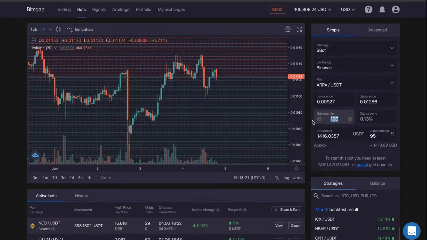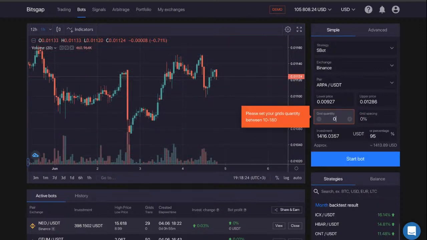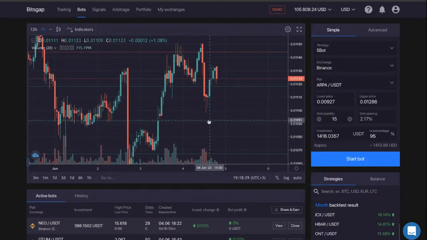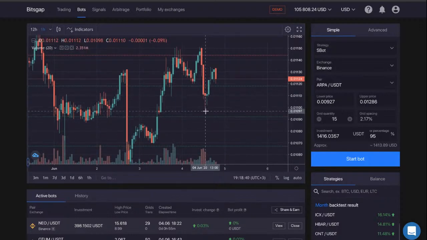Because if you have a wider spacing, let's say 15, you see in this case this buy limit order wouldn't be triggered because the price didn't fall to this level.